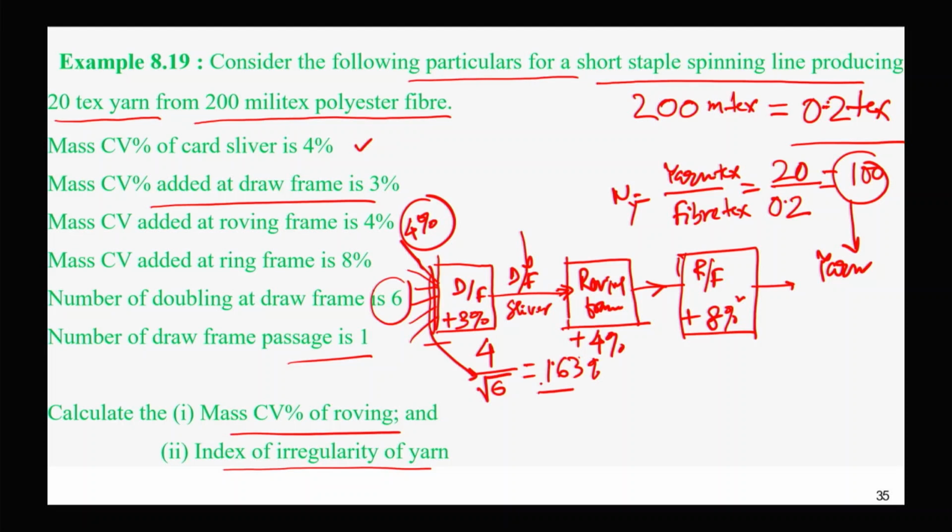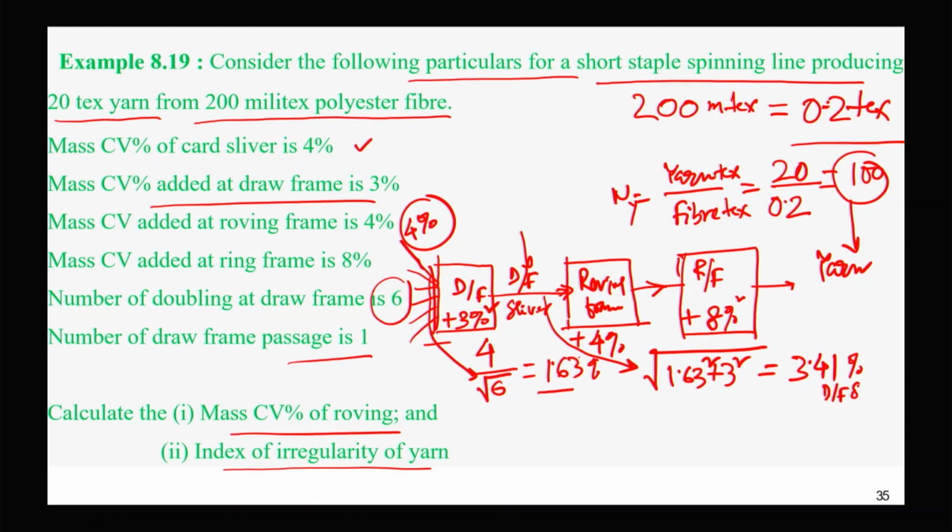This is the input, and then 3% is added. So under root of 1.63 square plus 3 square gives the draw frame sliver CV of 3.41%.